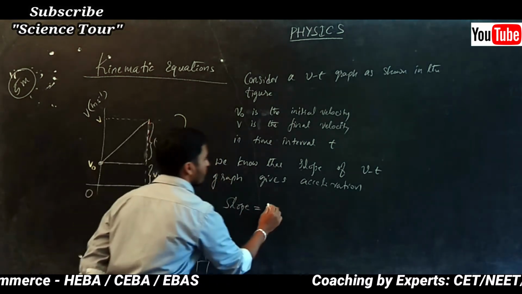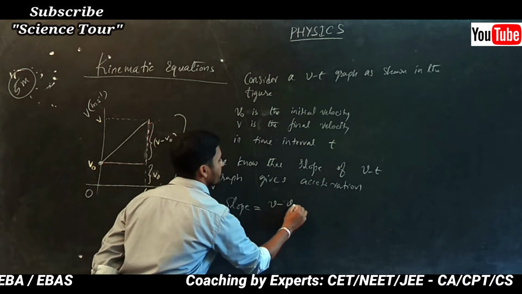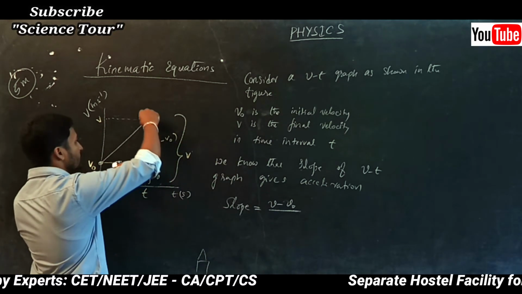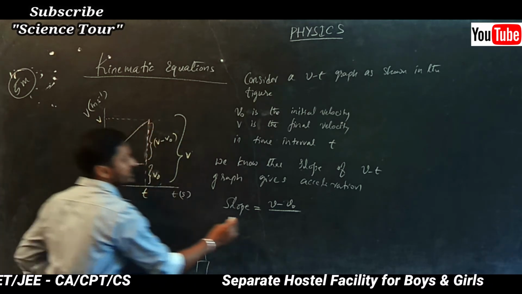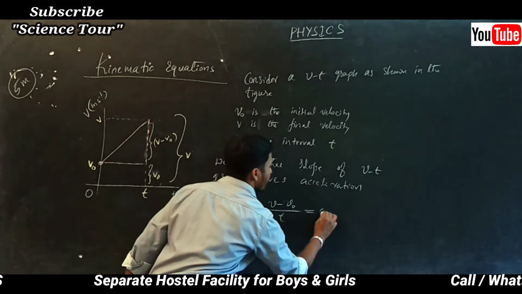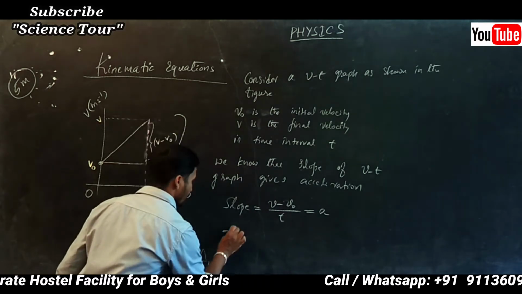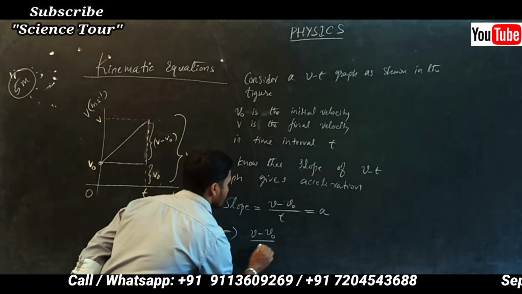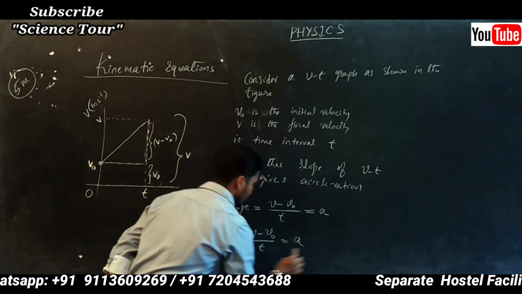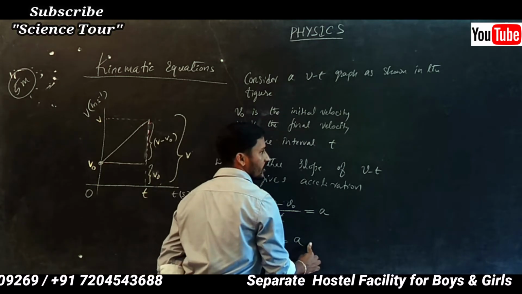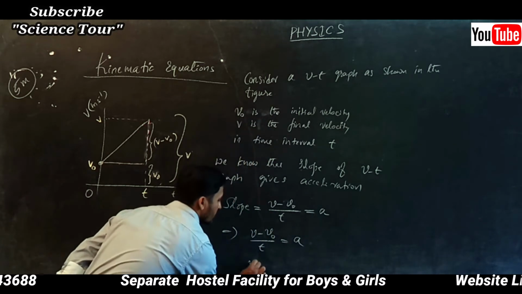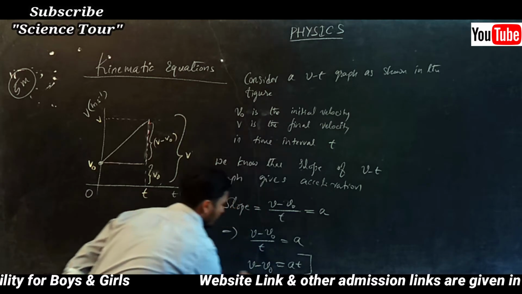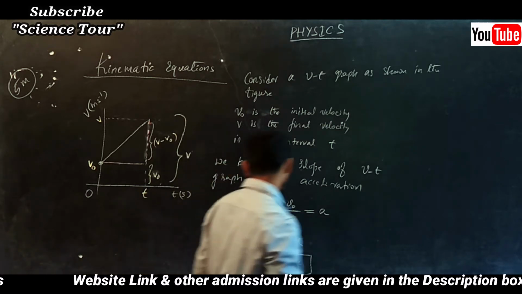The slope is V minus V naught divided by this much, how much? See, this is V minus V naught, and this is t. So it gives acceleration, that implies V minus V naught is equal to acceleration; t you bring to the right side, so it becomes V minus V naught is equal to a into t. Now, this is one equation.